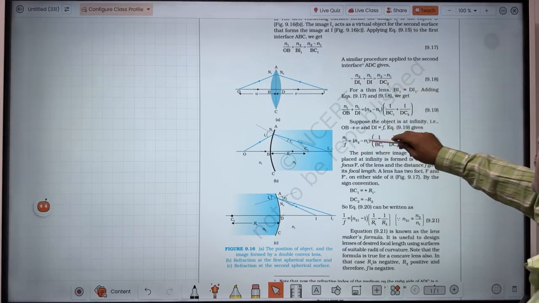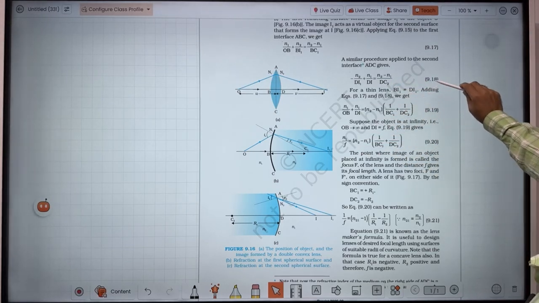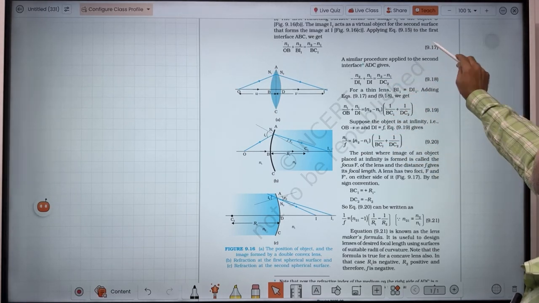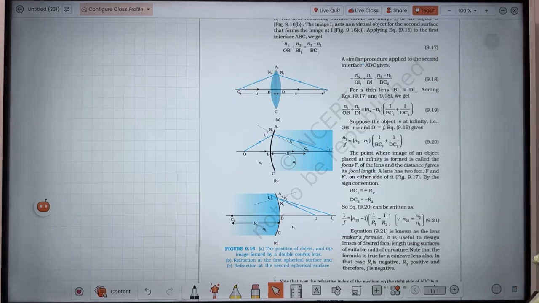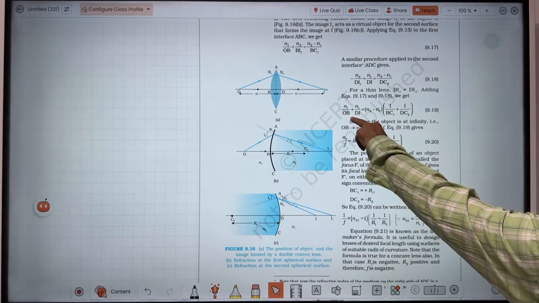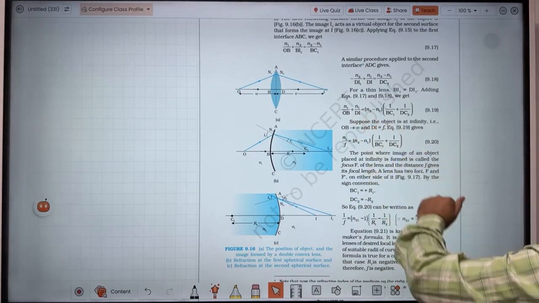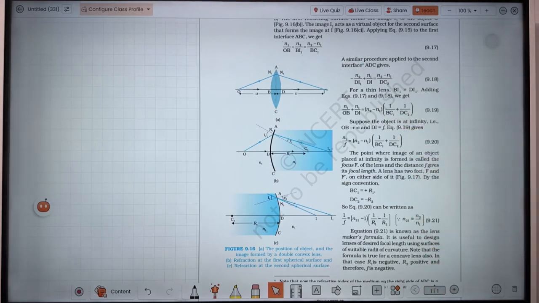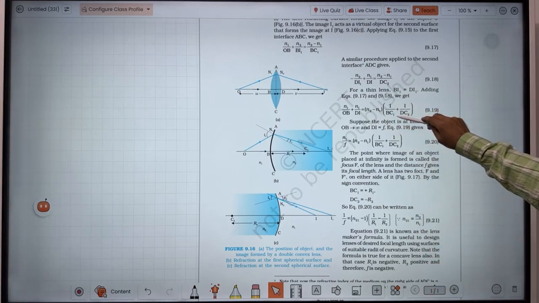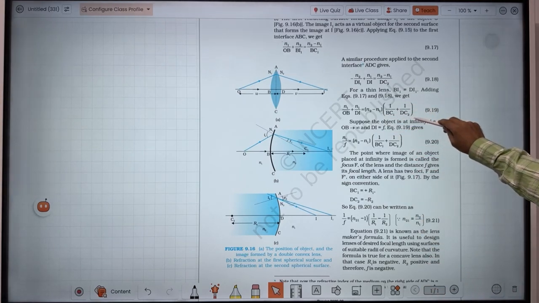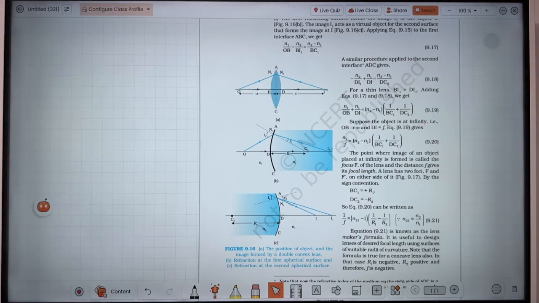So after putting those values, we can add the two equations, 9.17 and 9.18. So it will give N1 upon OB plus N1 upon DI equal to N2 minus N1 times 1 upon BC1 plus 1 upon DC2, right?